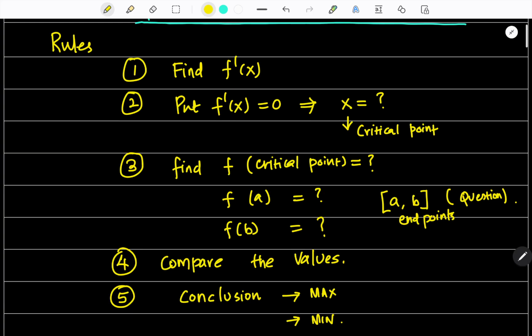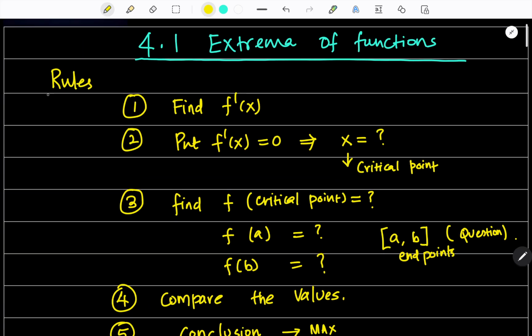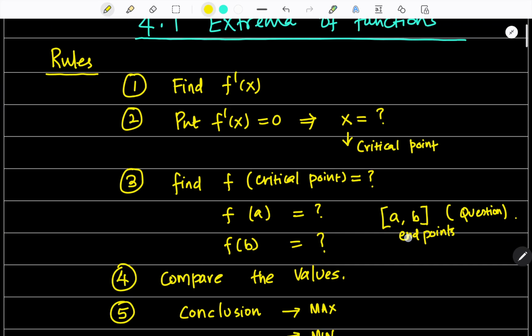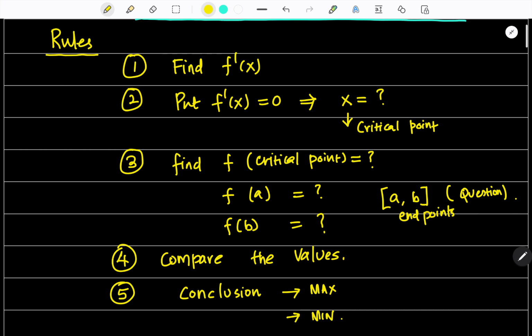Let me repeat again. What are the rules to find the extrema of a function? Step number 1: find f dash of x. Step number 2: put f dash of x equals 0 and find x, which is called the critical point.